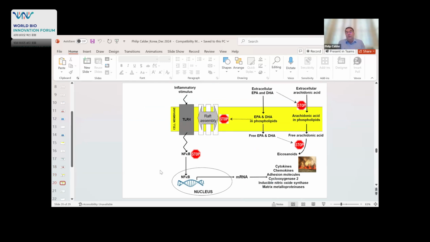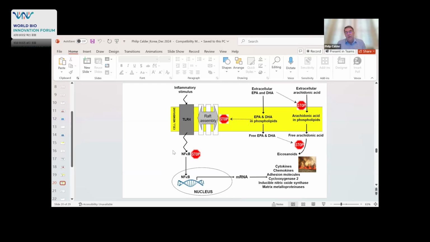And we now know that this effect actually is mediated at the level of the cell membrane. So when the cells receive the inflammatory stimulus, so they're exposed to an inflammatory trigger, there's movement of proteins within the cell membrane to form signaling platforms called rafts. And we now know that when the membrane is enriched in EPA and DHA, the ability to assemble those rafts is impaired.